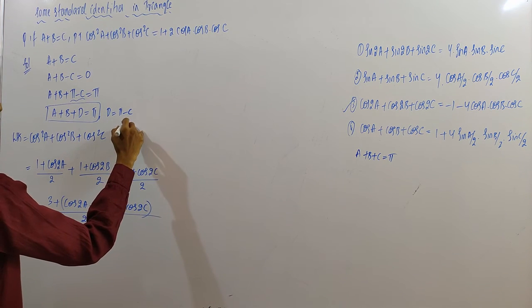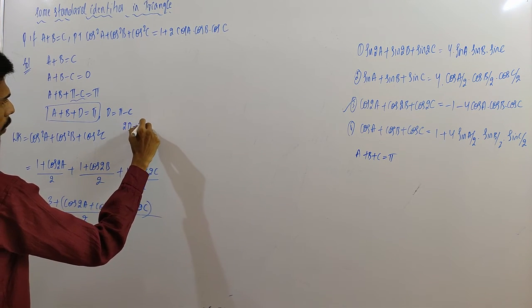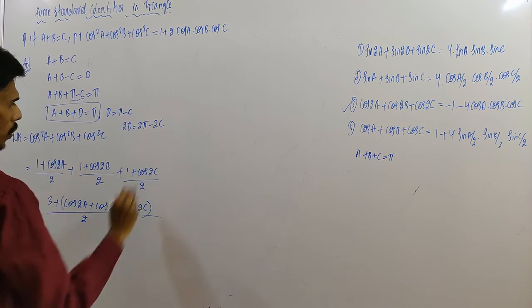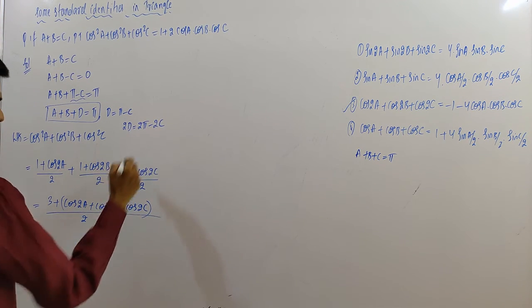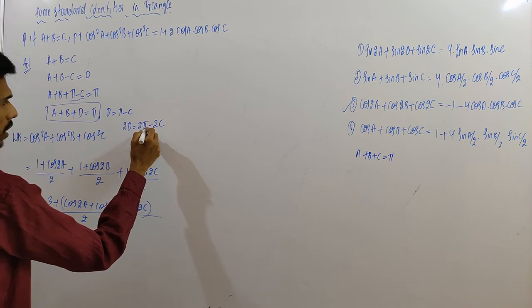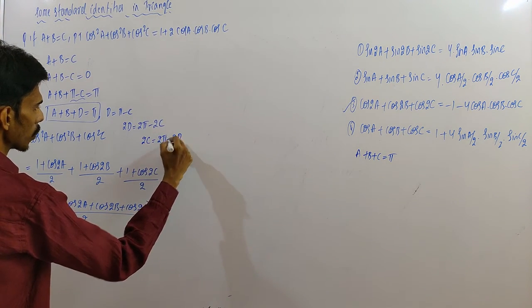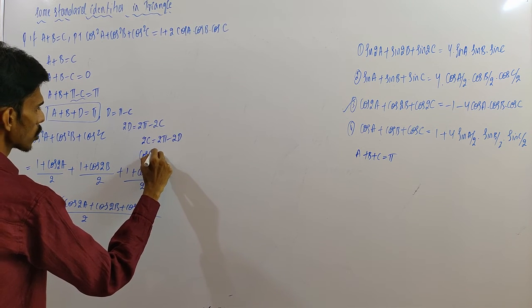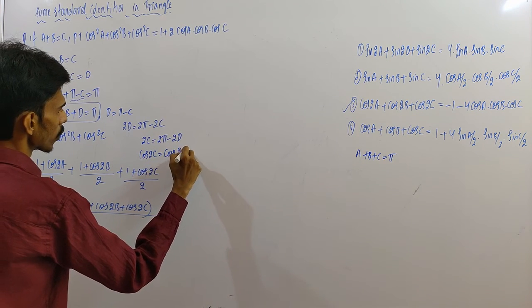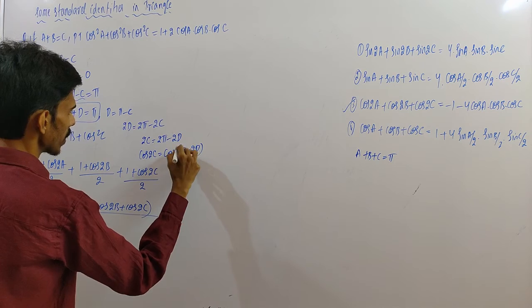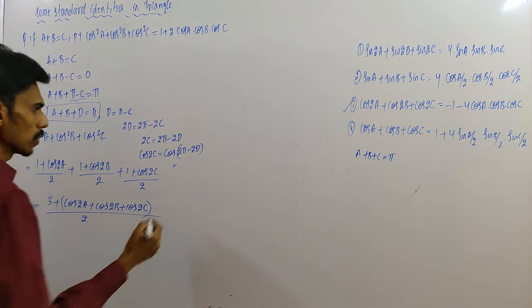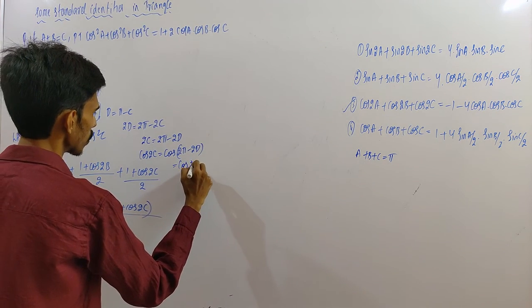We know that D equal to pi minus C. From this, apply 2 on both sides. 2D equal to 2 pi minus 2C. Now we want cos 2C. So 2C value is 2 pi minus 2D. Apply cos on both sides. Cos 2C equal to cos of 2 pi minus 2D. So 2 pi minus theta value is cos theta only, so cos 2D.